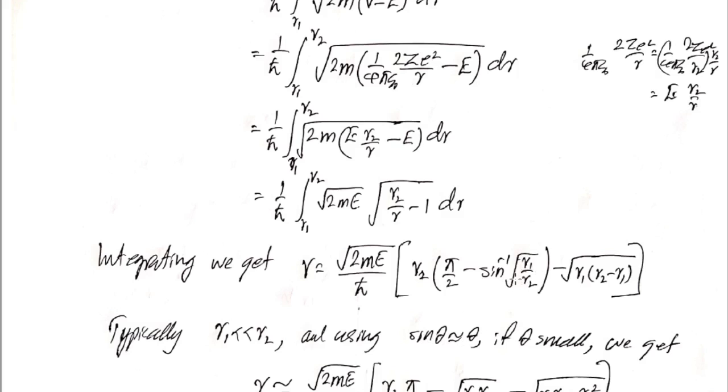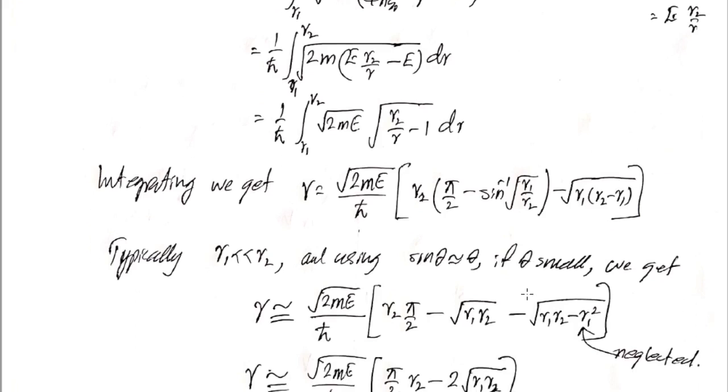So we can take sin inverse of root of r1 by r2 as approximately equal to root of r1 by r2. Remember, for example, if x is equal to sin theta, then theta equals sin inverse x. If theta is very small, x is also very small, x is equal to theta, so theta will be equal to x. So we can apply that in the sin inverse also.